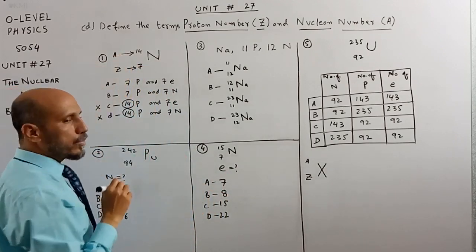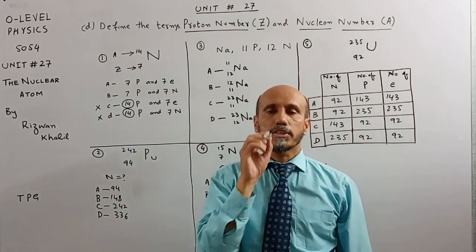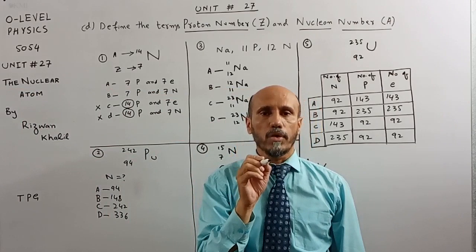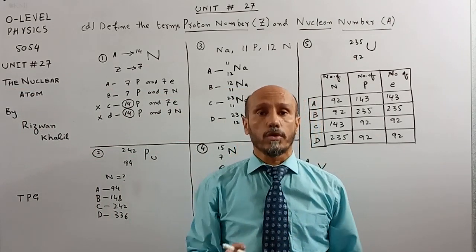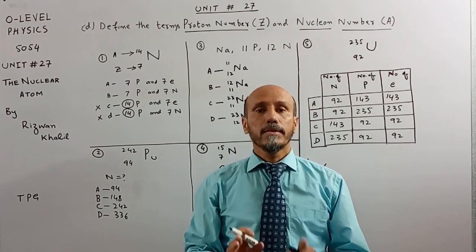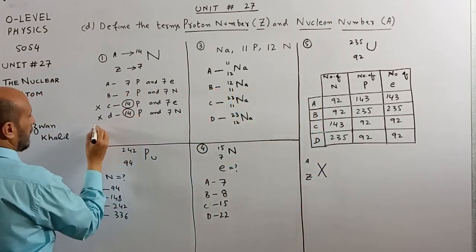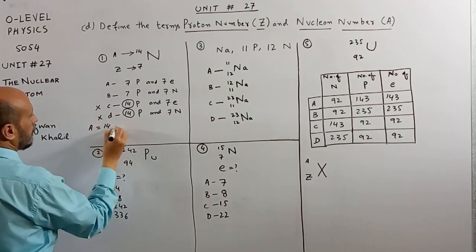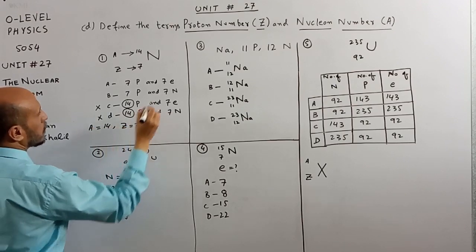And according to the definition, capital A is equal to the sum of protons and neutrons, not the electrons, in the nucleus. So here the value of A is 14 and the value of Z is 7.